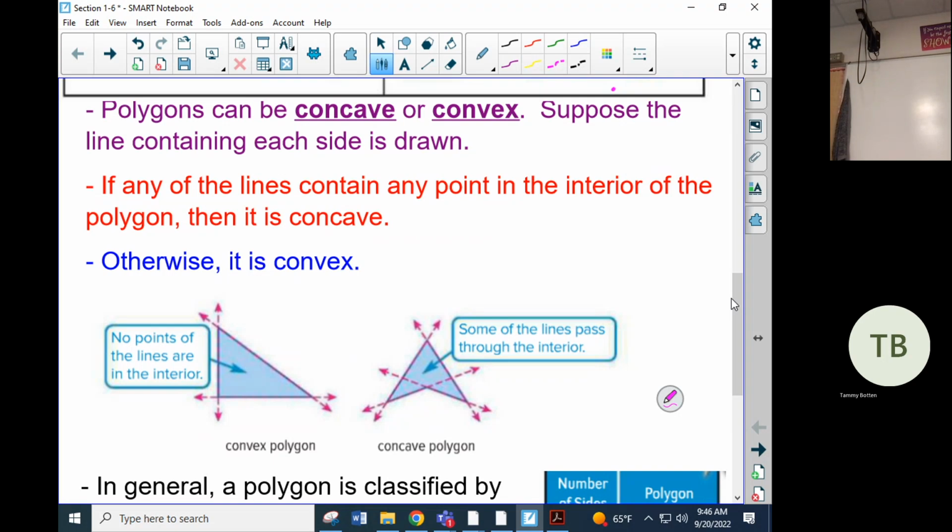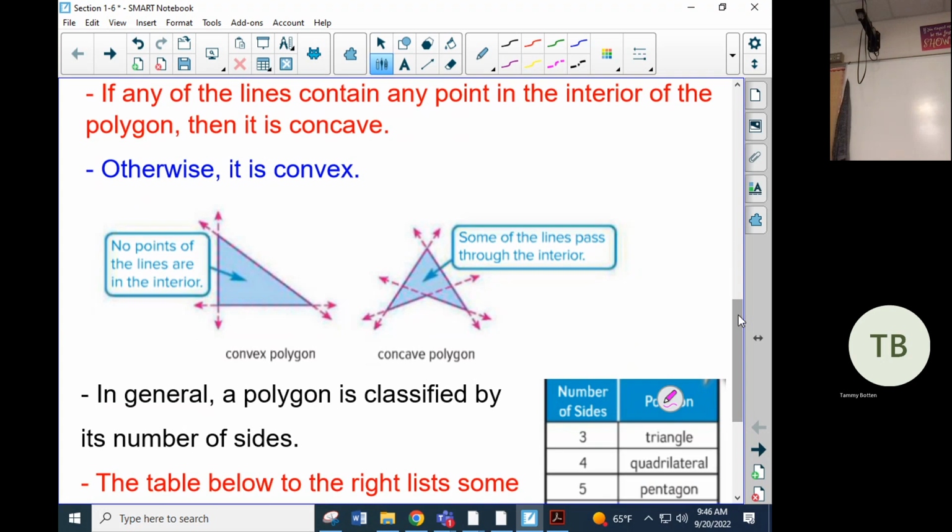But basically, you can have a polygon that is convex or concave. And I'll just explain it to you first, and then you can see what you think about if you need to write it. So how the book explains the difference is for convex, they extend every side.